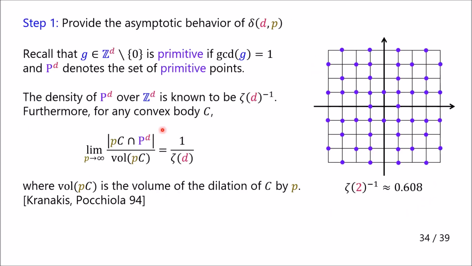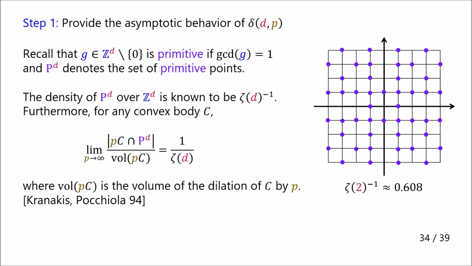So I will just explain how step 1 can be proved. Please recall that we call an integer vector G primitive if its GCD is 1, and PD denotes the set of primitive points in dimension D. The density of primitive points over the lattice points is known to be the inverse of zeta D. For example, in dimension 2, the density is about 60%.